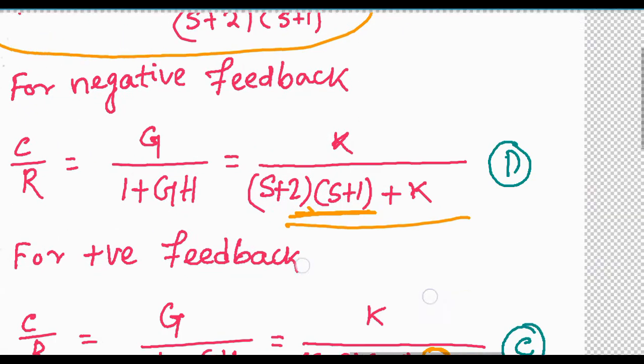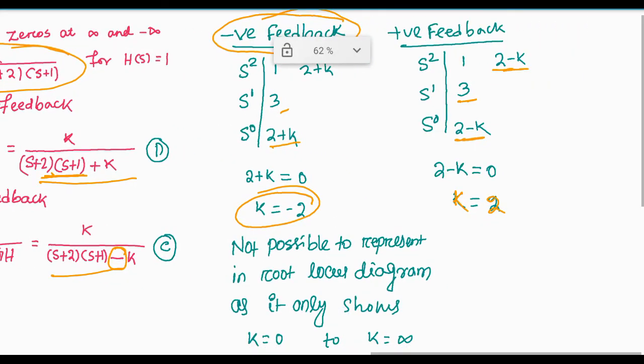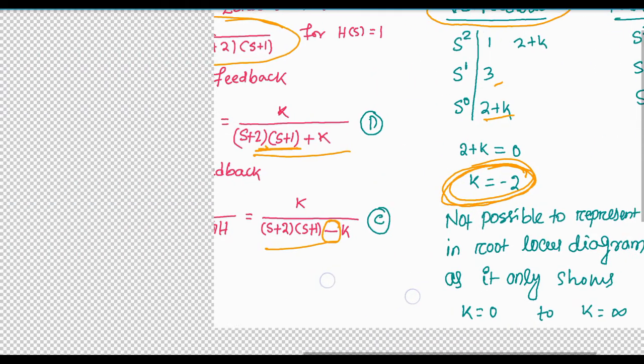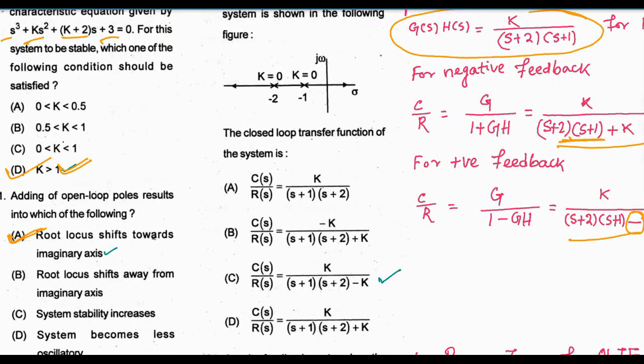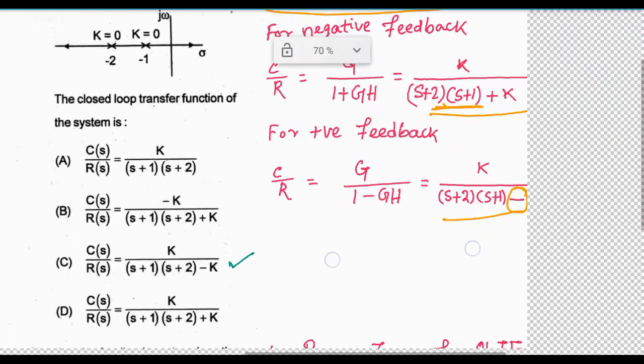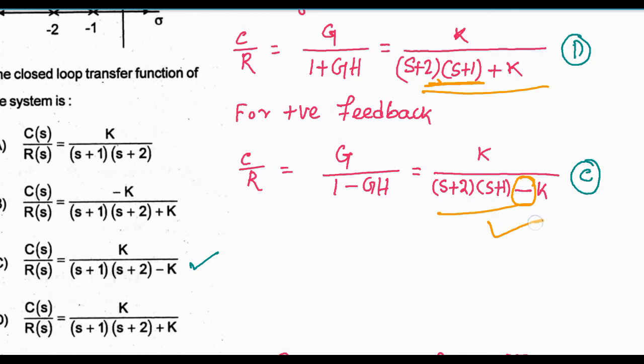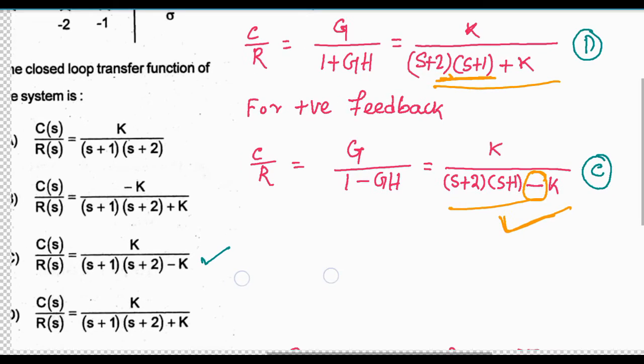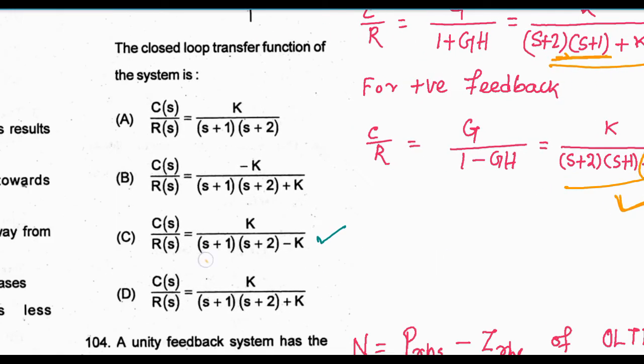So for the negative feedback system, for marginal stability, k has to be minus 2, and this is not possible, because the root locus diagram is only for positive k values. So here the answer will be the positive feedback system, which is rarely used, and the answer will be K by S plus 1 into S plus 2 minus K. Here is the answer.